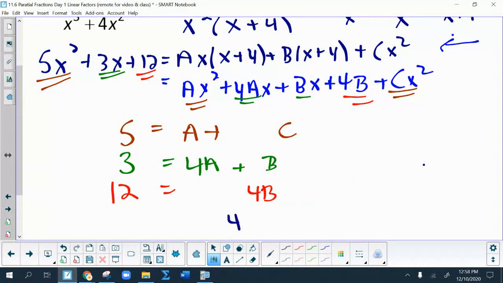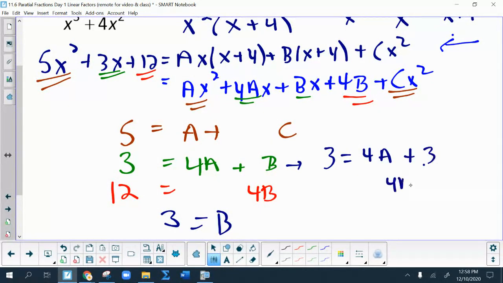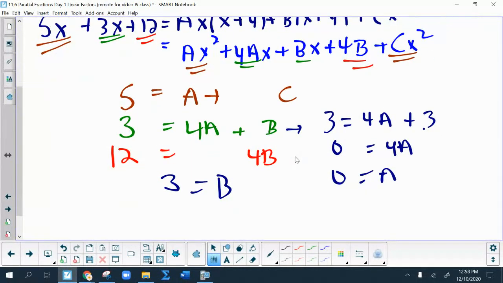So since I have this 4b here, I divide by 4 and I get b equals 3. Then I'm going to put that 3 in here. So I get 3 equals 4a plus 3. So I actually get a equals 0, which means when I substitute that up here, I get c equals 5.